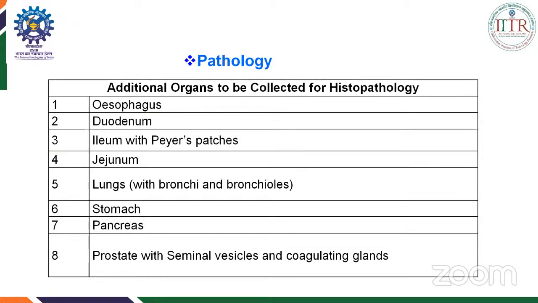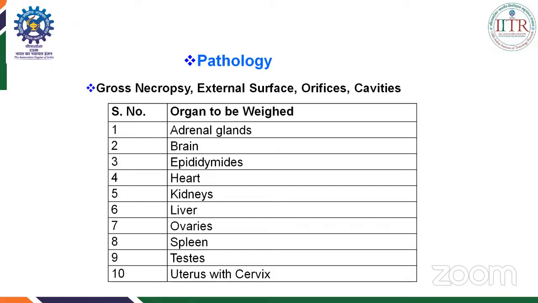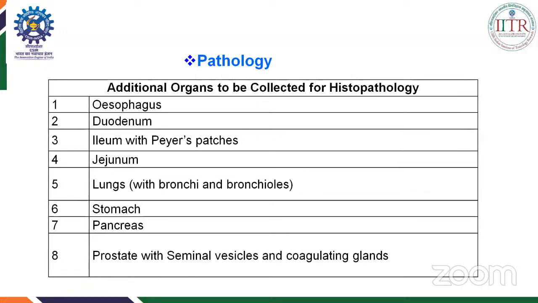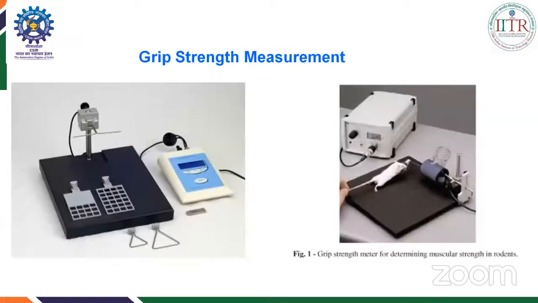Certain other organs are also collected for histopathology. So there are 2 different lists. The previous list is organs which are collected and also weighed. These are only collected for histopathology.